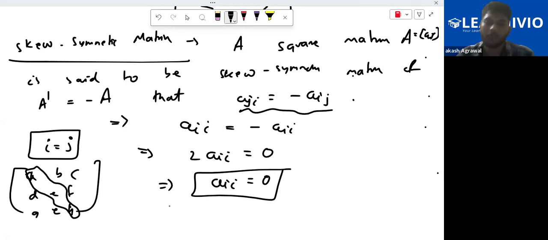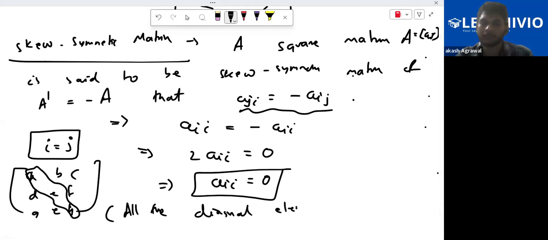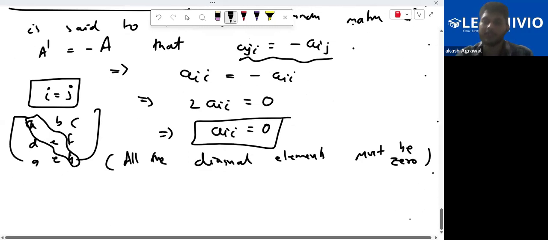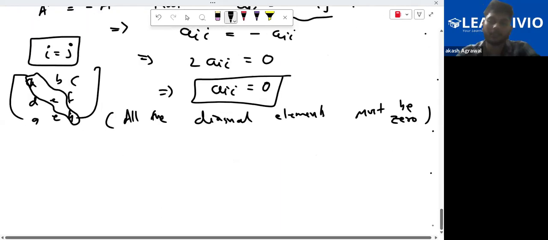That means all the diagonal elements must be 0 in a skew symmetric matrix. So there is no skew symmetric matrix where the diagonal element is not 0.